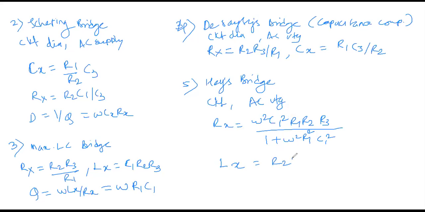Lx is R2 R3 C1 divided by 1 plus omega square R1 square C1 square. So this is the summary of the 6th chapter.